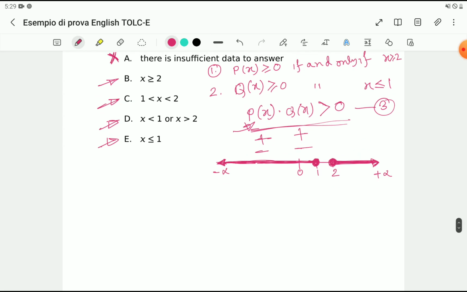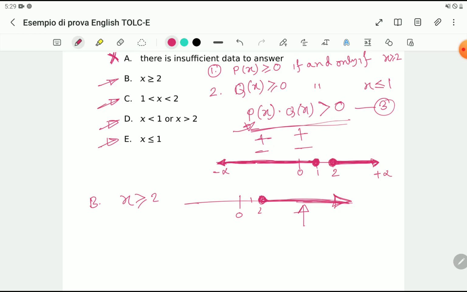So what does option B say? x greater than or equal to... If we draw like this, 0, 1, 2. For these cases, inequality number 3 is not valid.